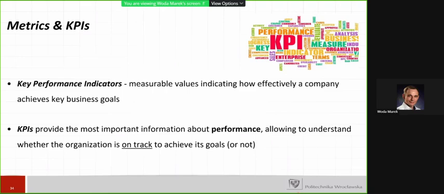It shows some indication about the performance of the processes, trying to show where we are, whether we are underachieving, overachieving, or just on track with our plans.